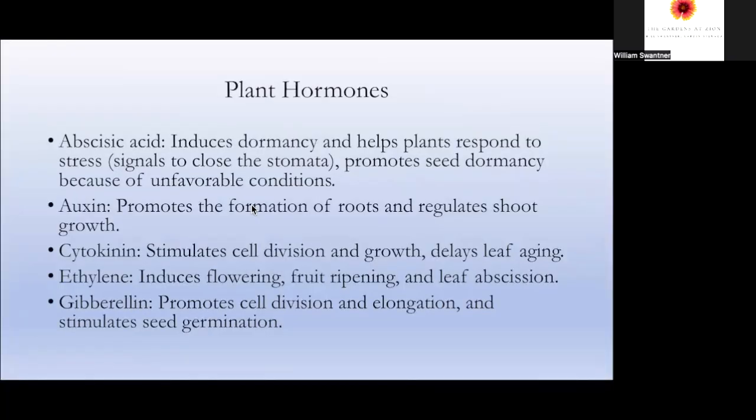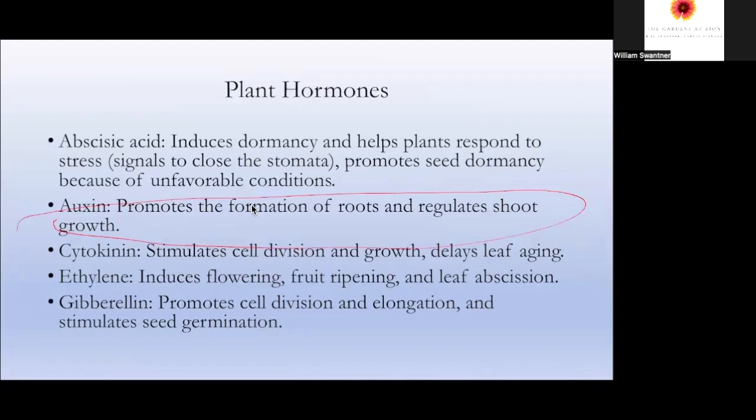So that regulates shoot growth. All right, cytokinin stimulates cell division and growth, and it delays the leaf aging process. Ethylene induces flowering, fruit ripening, and leaf abscission. Then you have gibberellins, which promote cell division, elongation, and stimulates seed germination.